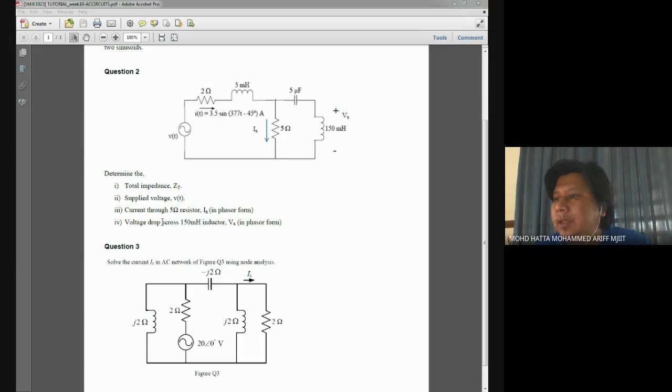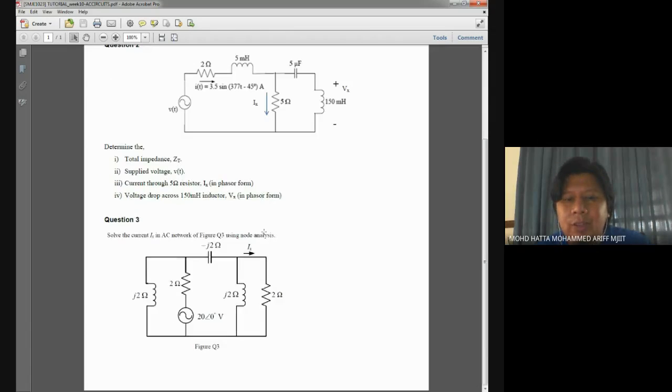And later on, calculate Ix, the current flowing through this resistor in phasor form, and also the voltage drop across this 150 millihenry inductor, also in phasor form. That's for question number 2.